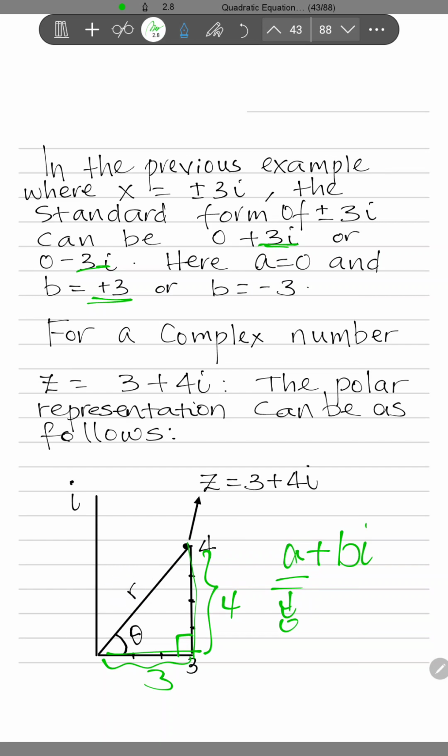The radius here, by Pythagoras theorem, is the square root of 3 squared plus 4 squared, which is the square root of 25, which is 5. But this one is z equal to 3, which is the x side, plus 4, which is the y side, then iota.